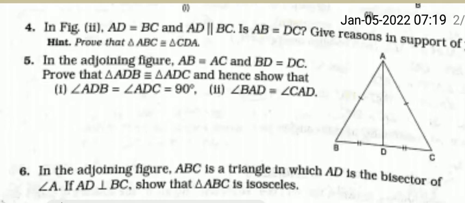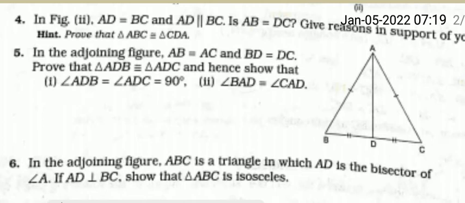But angle ADB plus angle ADC, this equal to 180 degree. So angle ADB will be equal to angle ADC equal to 90 degree. First one proof. For the case of second one, you write since triangle ABD and triangle ADC both are congruent, so therefore angle BAD equal to angle CAD by CPCT. Okay.